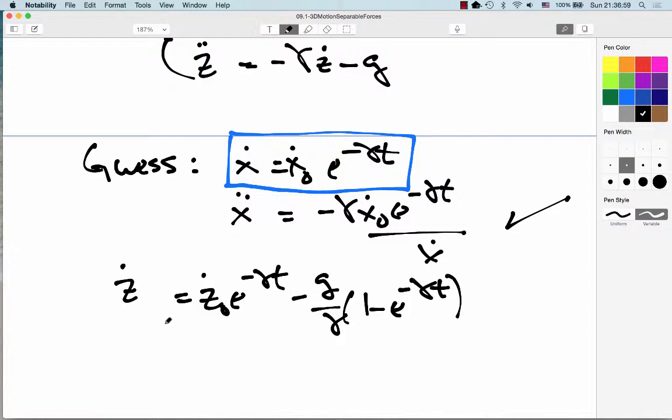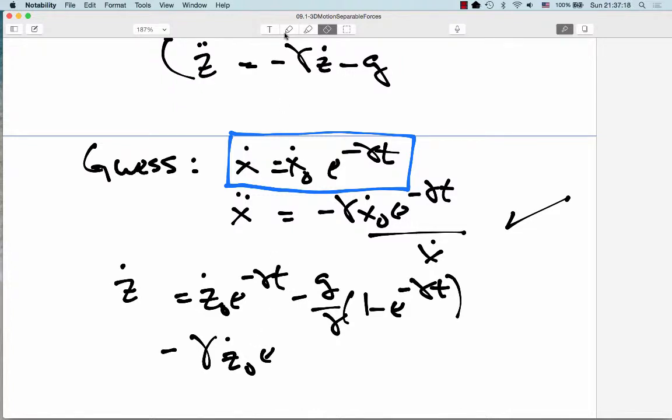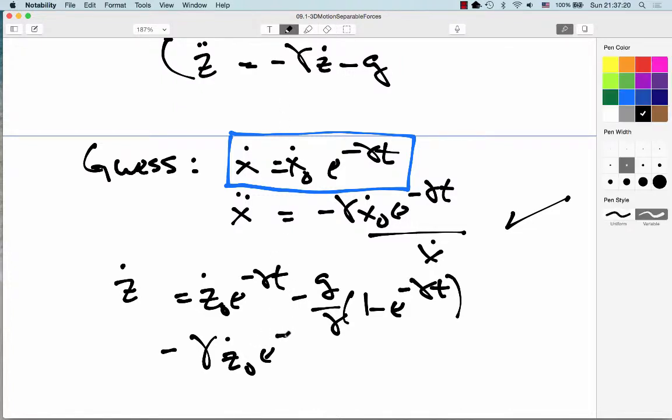So we're going to get, putting into here, minus gamma times all this stuff, so we'll have a minus gamma z naught dot e to the minus gamma t.